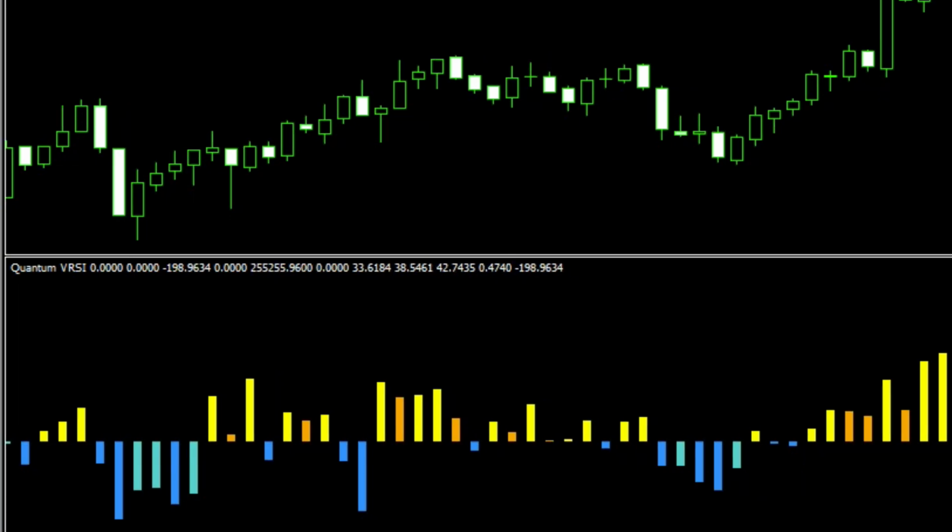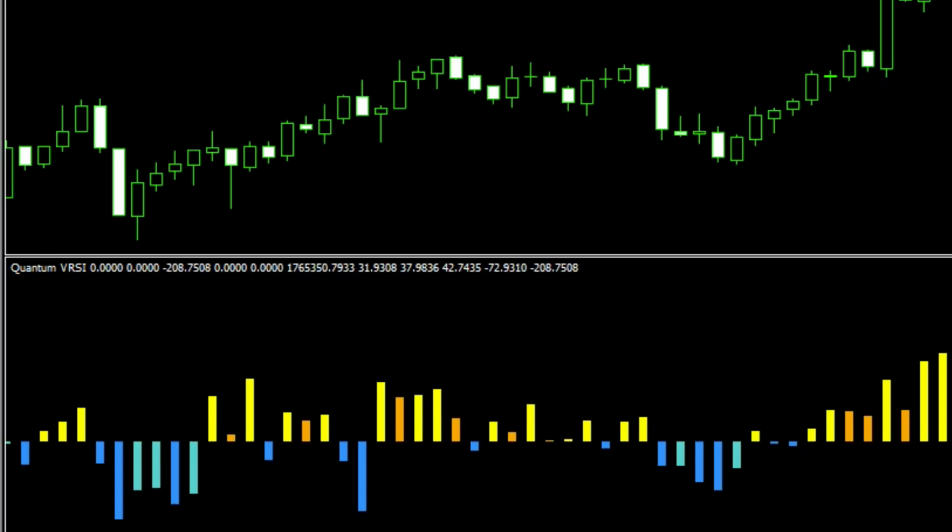The same applies to the pressure bars on the bullish side, where we saw this trend developing. The angle of inclination of the trend was very weak, about 20 degrees or so. So that in itself gives us some indication that this trend is not strong, but that is also indicated by the height of the VRSI bars.